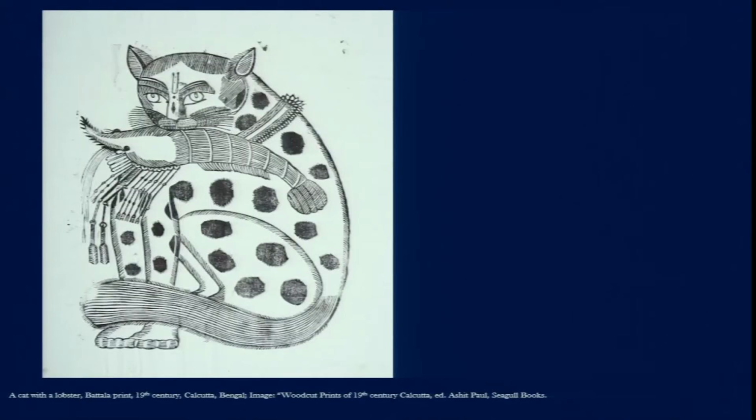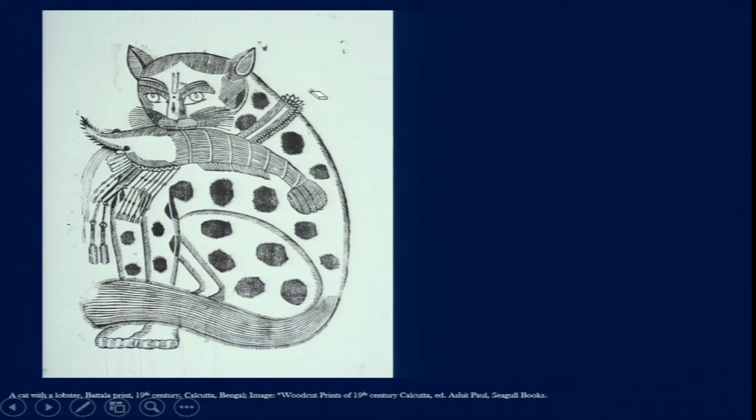And here what we find in this image is this cat, and of course it is made in wood engraving, and that is the reason one can see all the hatched lines here, with a strong contour of the bodies and everything. Also in the wood engraving, all those small details, the ornament details and everything, are created.